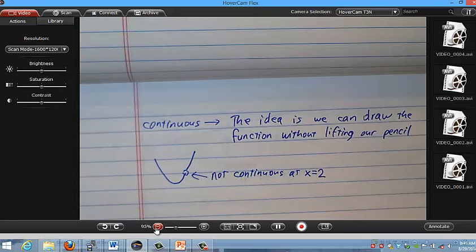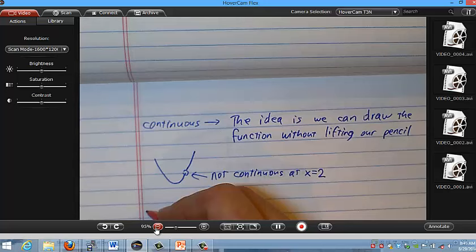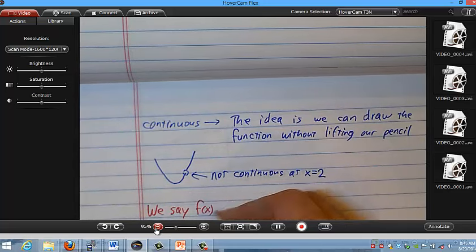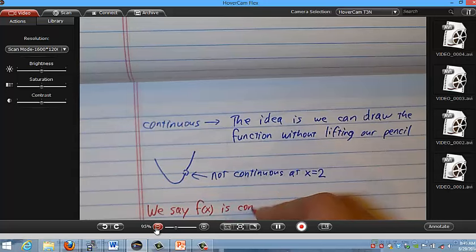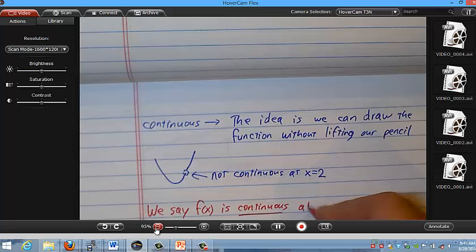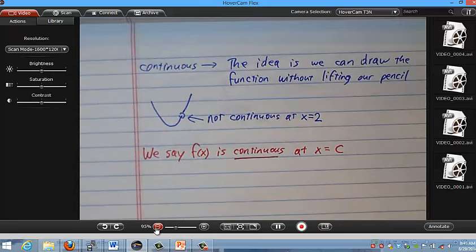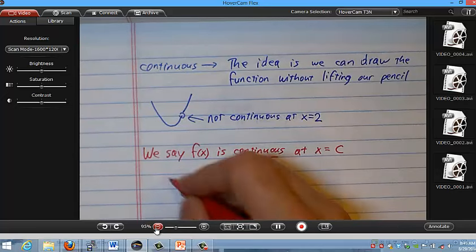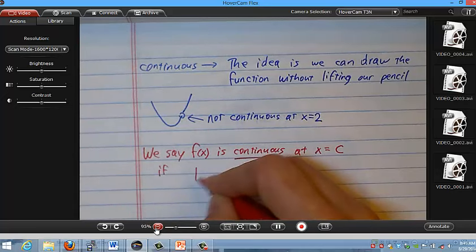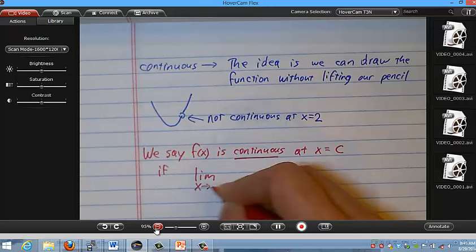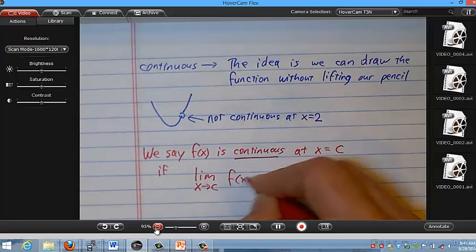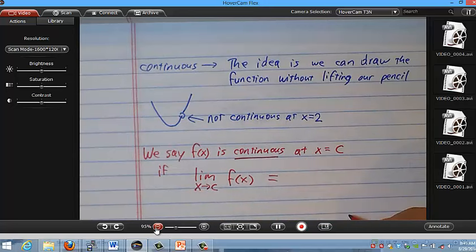And the definition of continuity, as I said, we say f of x is continuous at x equals c if the limit as x approaches c of f of x is equal to what?